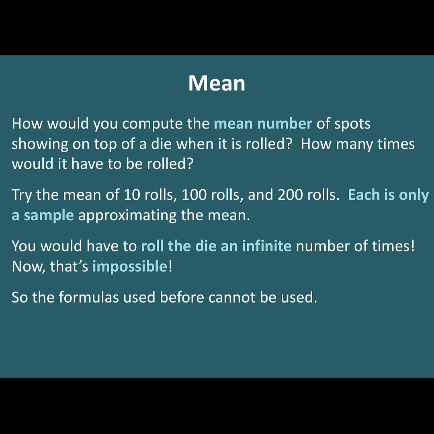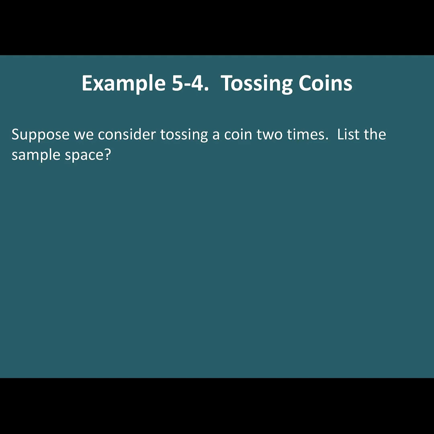Let's look at some examples to see why. Suppose we consider tossing a coin 2 times. Let's list the sample space. If we toss a coin 2 times, we can get heads twice, heads then tails, tails then heads, or tails both times.